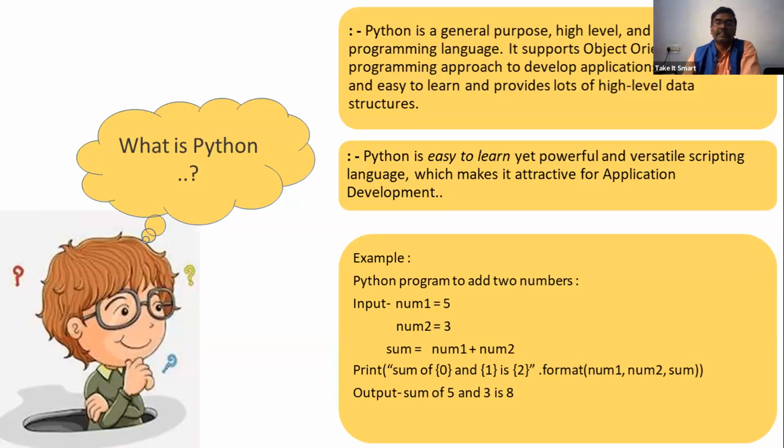Fine. Python is easy to learn, provides loads of high-level data structures, and is a powerful and versatile scripting language which makes it attractive for application development. It is also a scripting language.